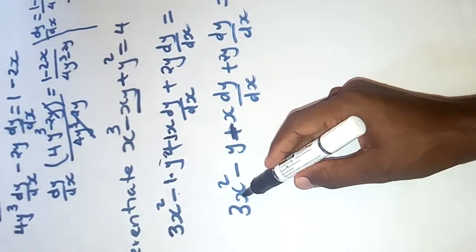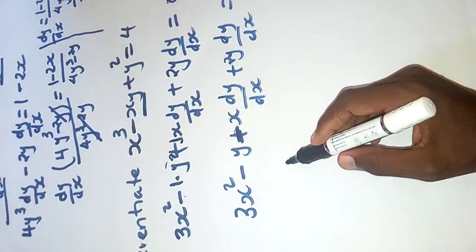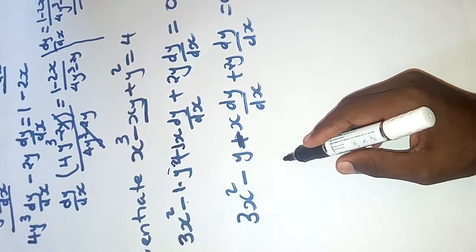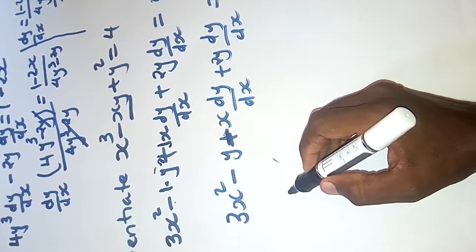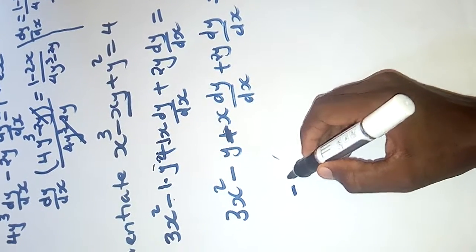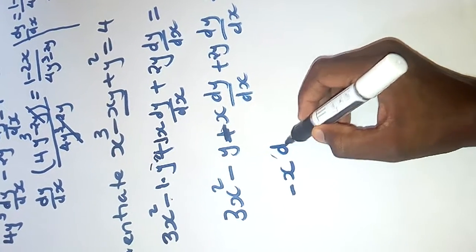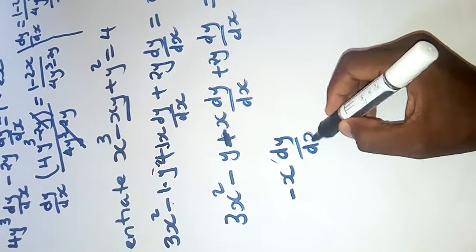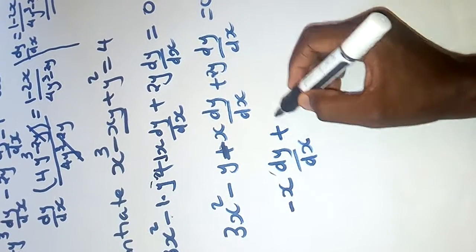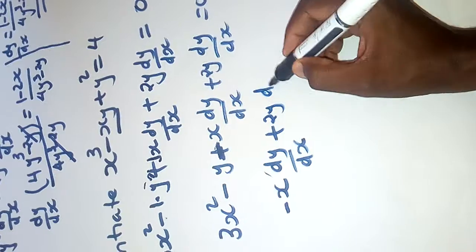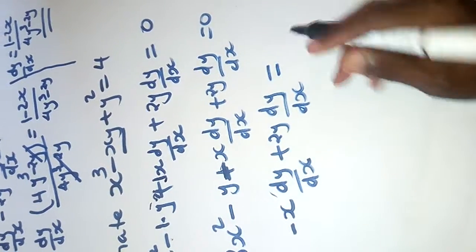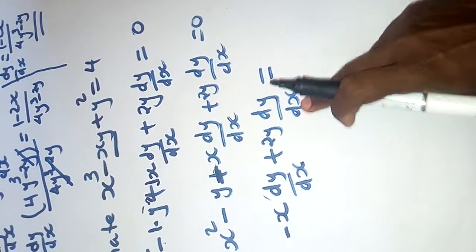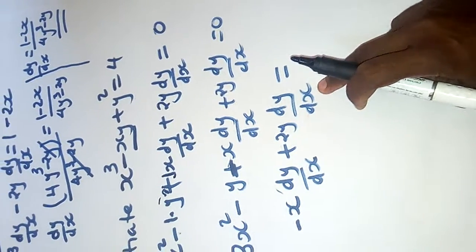So let's take the rest of this equation to the other side, so that we are going to have minus x dy dx plus 2y dy dx. I will leave this on the left hand side because both expressions have dy dx.